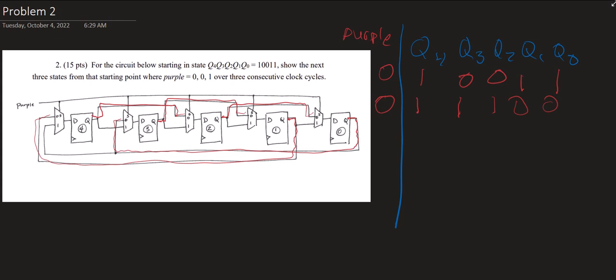Okay, so now on our next cycle, purple becomes 1. But we're still going to be using, let me make sure I got this right.